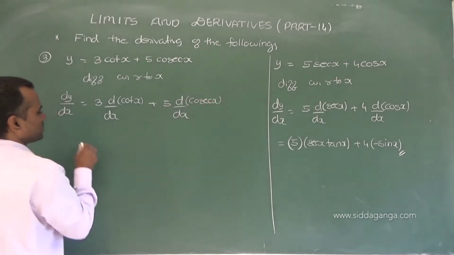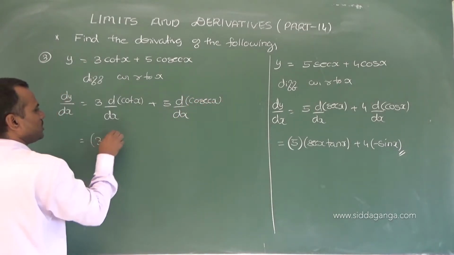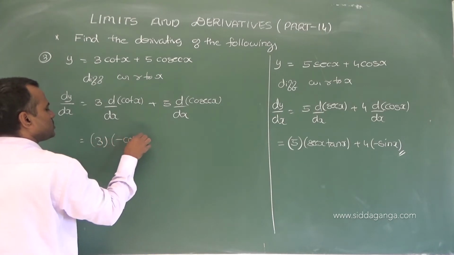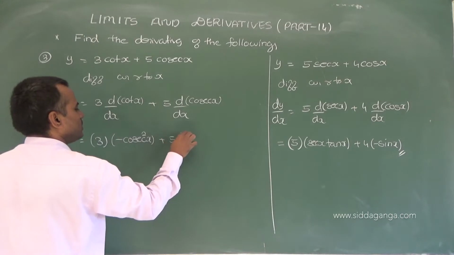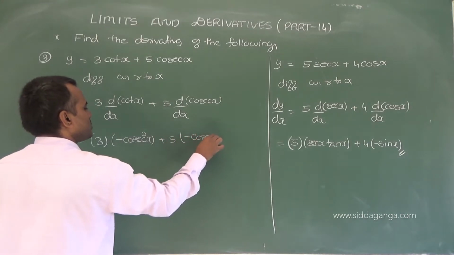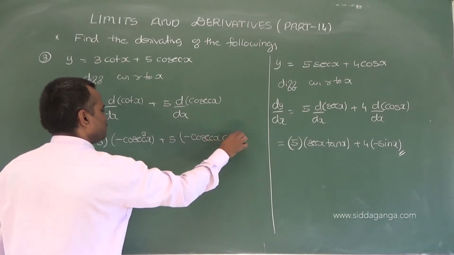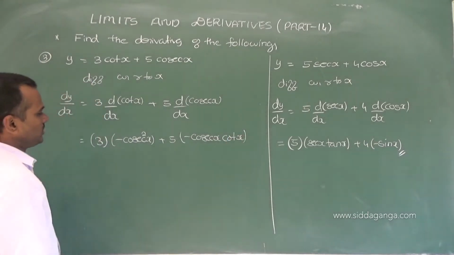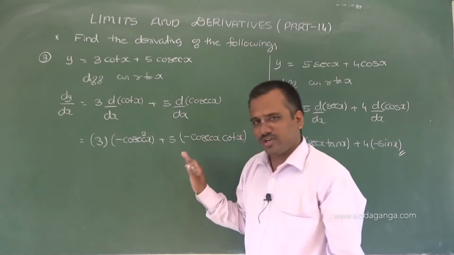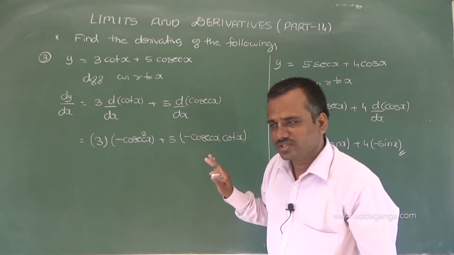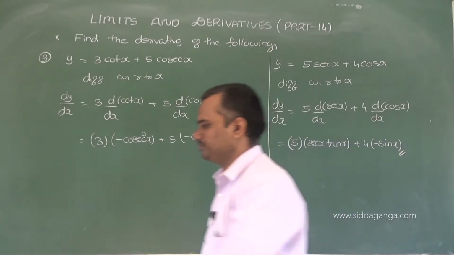So 3 into minus cosecant square x plus 5 into minus cosecant x into cot x. That is enough. Okay, so here only we stop. Next problem.